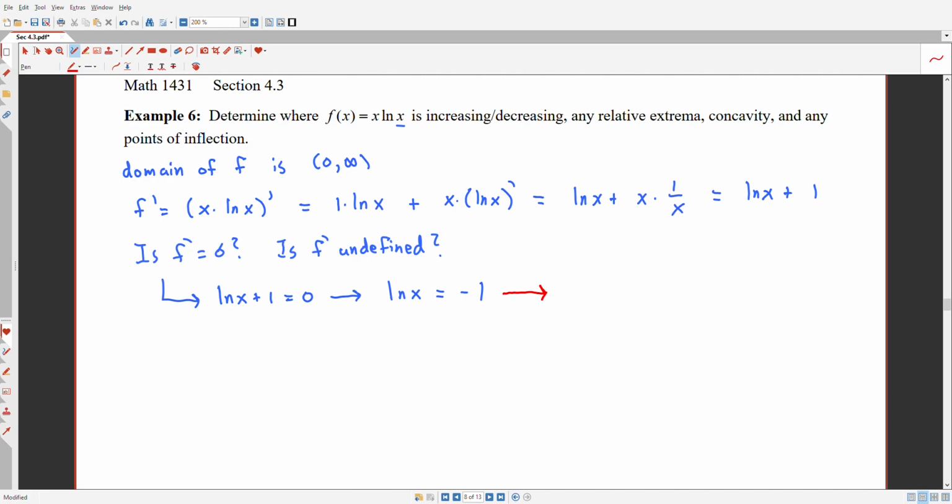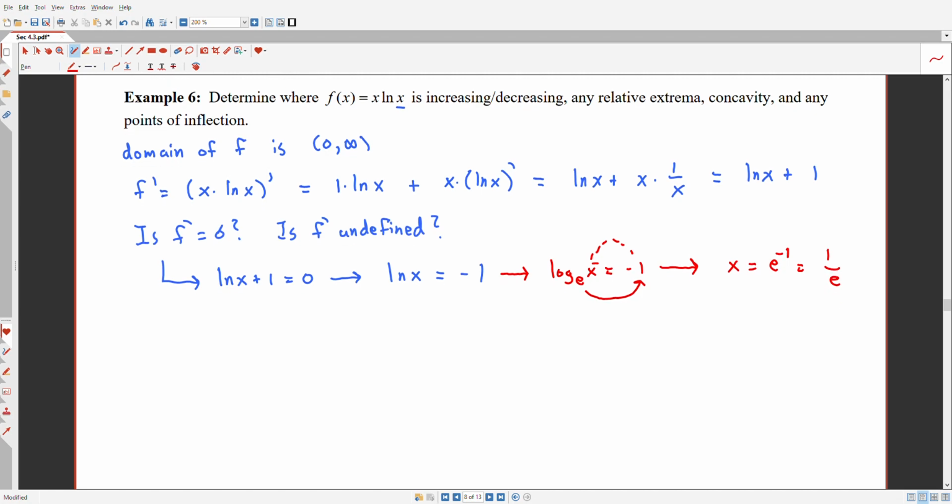Let me rewrite this as saying the log base e of x equals negative 1. And we can say this equation is saying the same thing as e to the negative 1 equals x. And so, look, this let us solve for x. x has to equal 1 over e.